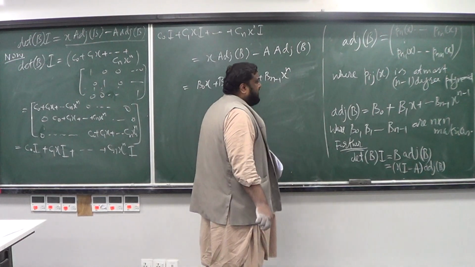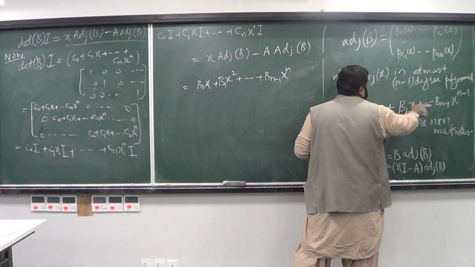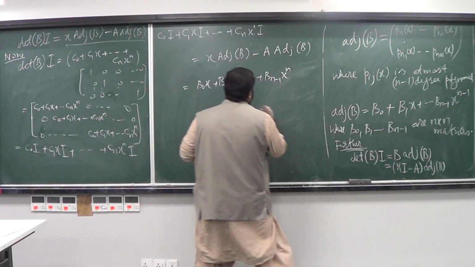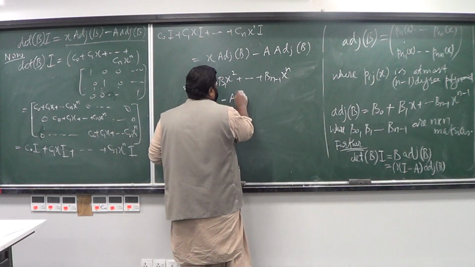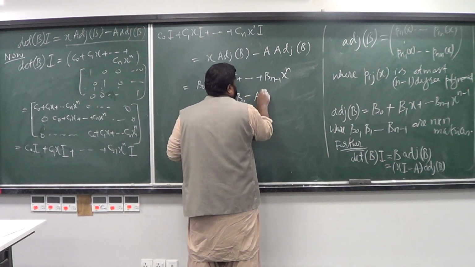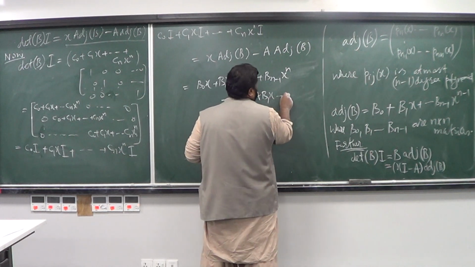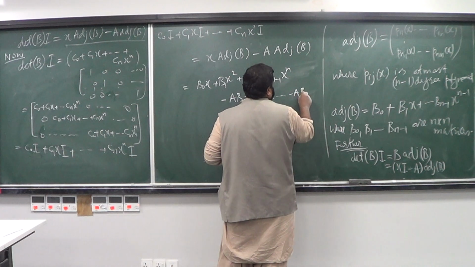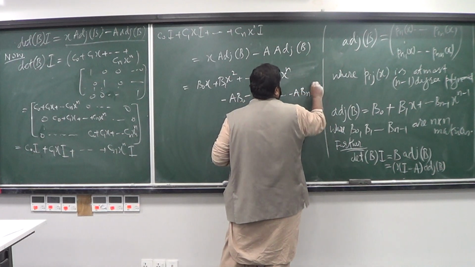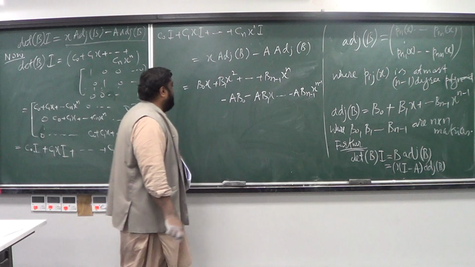Minus, now if I multiply A with each one of these terms, it's going to be minus AB naught minus AB1 x and so on and so forth minus ABn minus 1 x power n minus 1. This is what you're going to get.